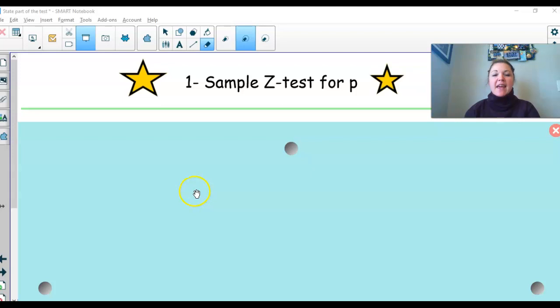Our goal today is that you're going to learn the start of something called a one sample z-test for P. Now, just to jog your memory, the last unit you just completed was a one sample z interval for P. That's where we didn't know what the population parameter was. Meaning, I don't know something that describes the whole population, and I want to know what describes the whole population.